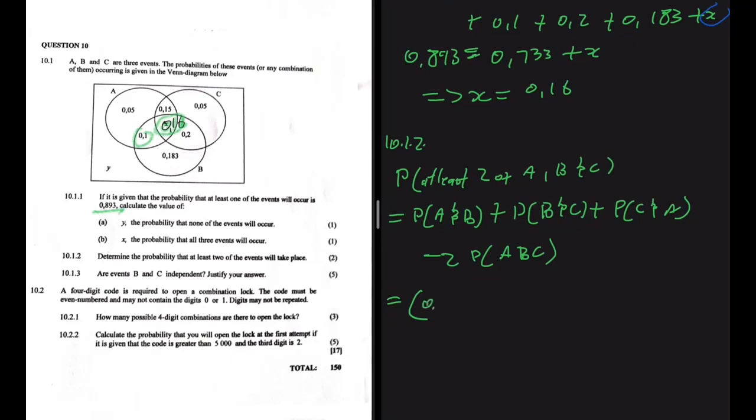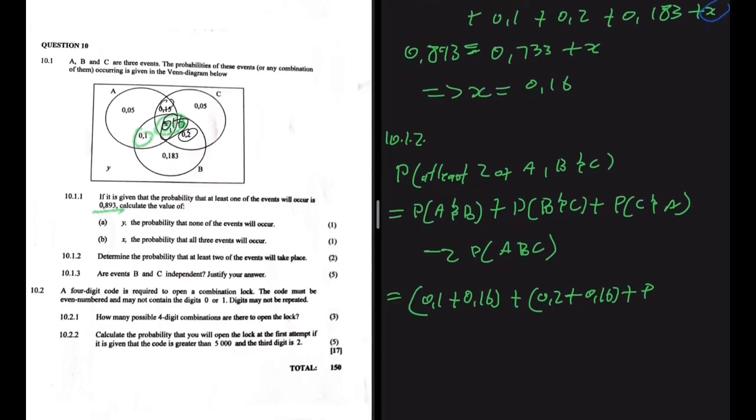The probability of B and C will be 0.2 plus 0.16. Plus the probability of C and A, so that's 0.15 plus 0.16, and then minus 2 times the probability of ABC, so minus 2 times 0.16.